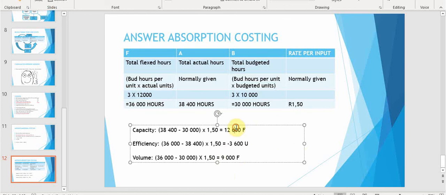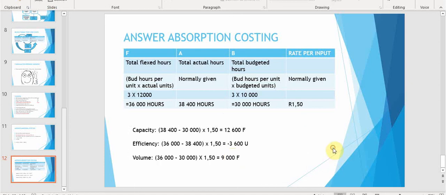And you can even cross-check if you are right, because capacity plus efficiency must give you volume. So you need to say 12,600 minus 3,600 gives you 9,000. So you are sure that you have not made a mistake.